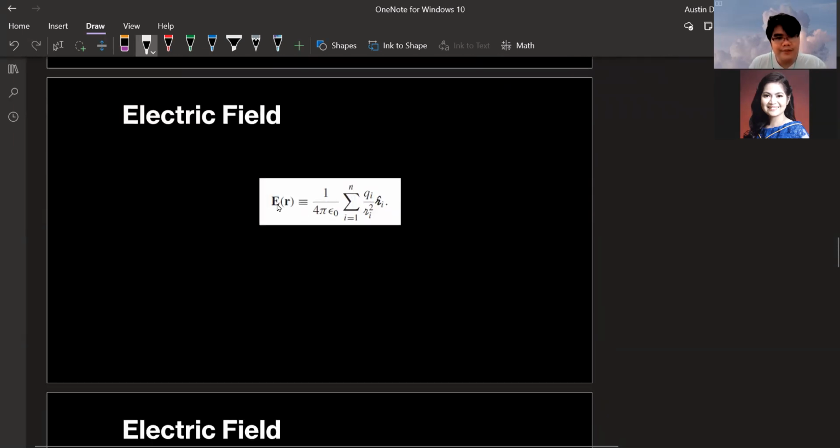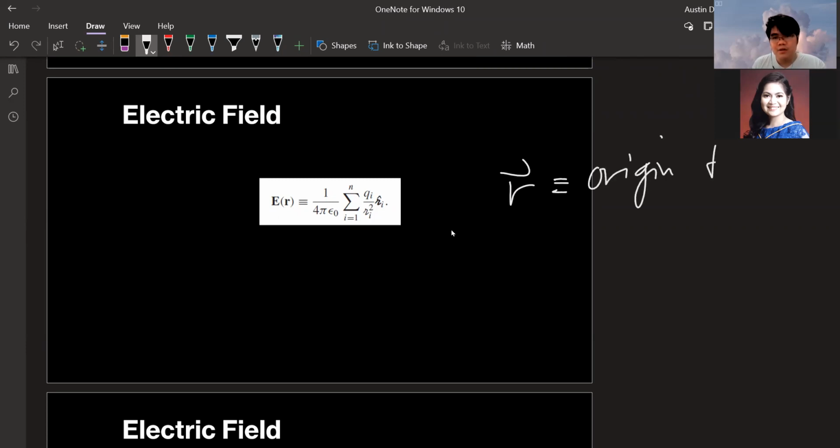Okay? So yung R vector mo, R vector will be from origin to the point of interest. Okay? So kung saan mo pinifeel yung or tinetest yung electric field mo. So nakatutok doon yung R. Okay?